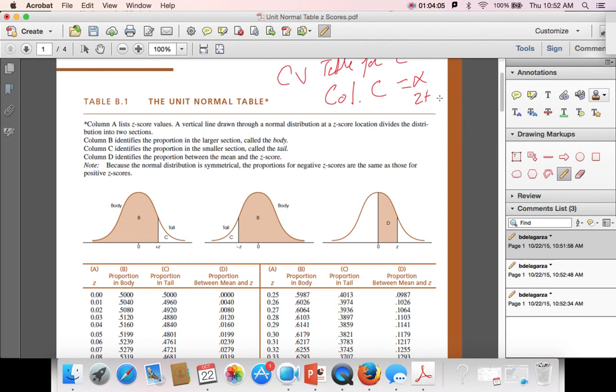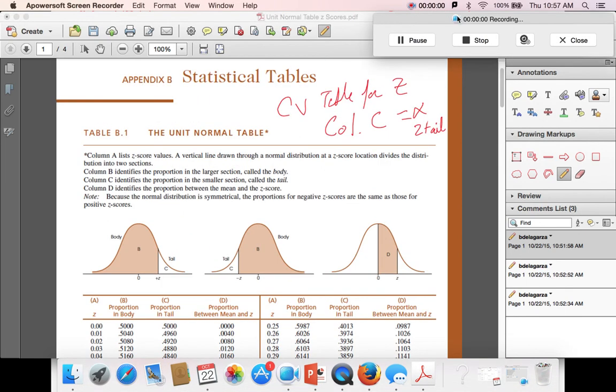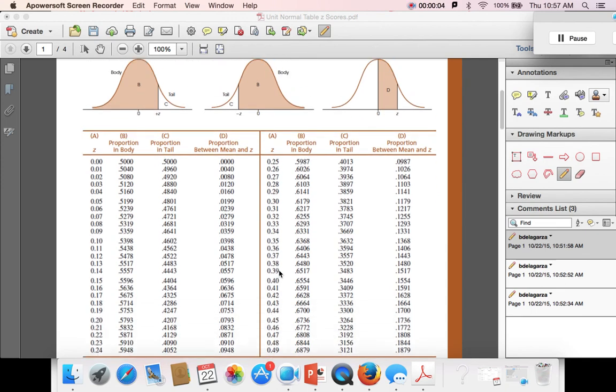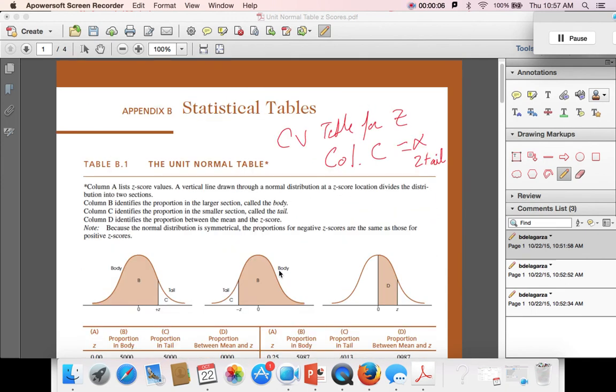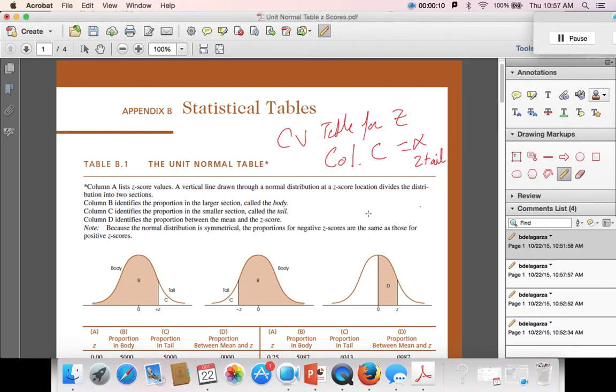Okay, and this is very important, because when we look at our distribution table, it's already going to assume that we're dealing with a two-tailed test and that it's already taken my alpha level and divided it by 2. In other words, it's already taken my 0.05 and divided it by 2 to give me 0.025, or 2.5% in this case.